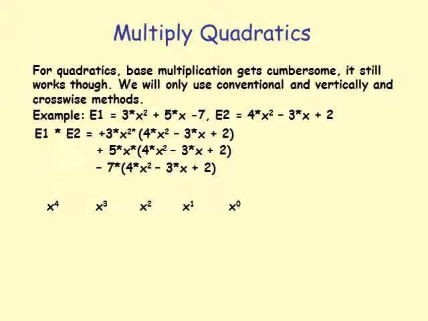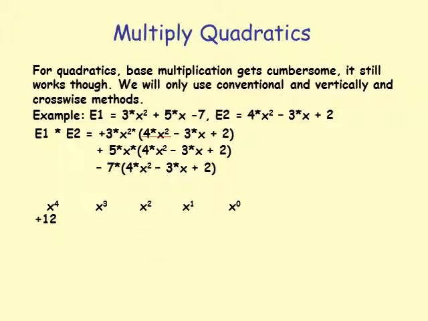Let's continue. Now we will start to collect these terms under the various columns. The first one is 3 times 4, which is 12, and the flag values add 2 plus 2 is 4. So 12x fourth comes, we will have a 12 under the x fourth column for this term.